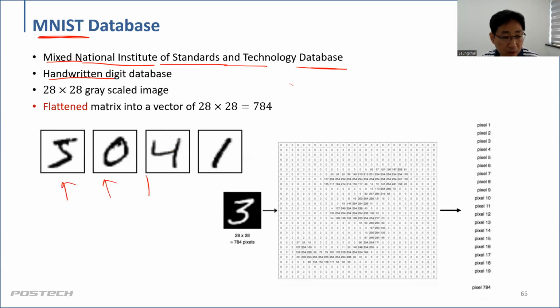You have this kind of input as an image, and I'm going to make it a classification problem. Given that input, I'm going to say 5, 0, 4, 1. As a human being, it's not that difficult, but imagine you want to make some kind of computer or AI model to classify or estimate digits from handwritten digit images.